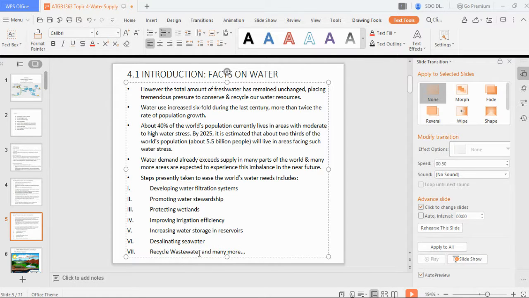Recycling wastewater is what you'll find in Singapore, where they have a shortage of water. I'm not sure if you guys have read the news before. They actually recycle the toilet water into very, very clean water which you can drink. So it's quite a complicated process just to get water.